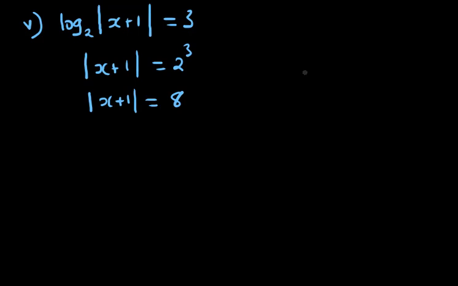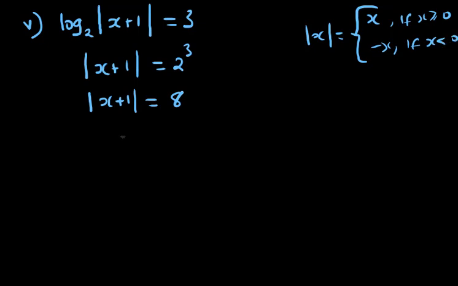So usually when we have a modulus of x, we know that we usually have two results, right? We have the positive value for x if x is greater or equal to 0, and then we have the negative value of x if x is less than 0.